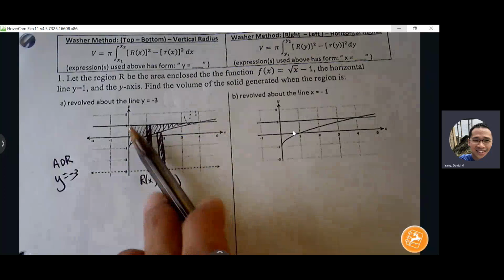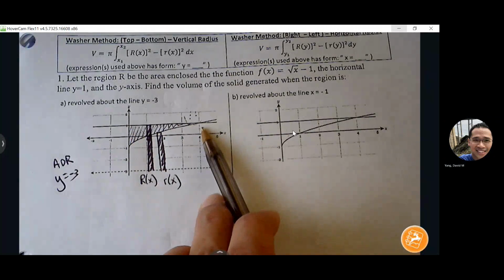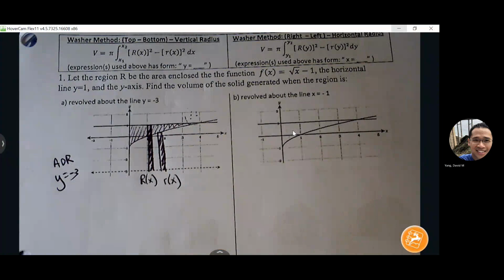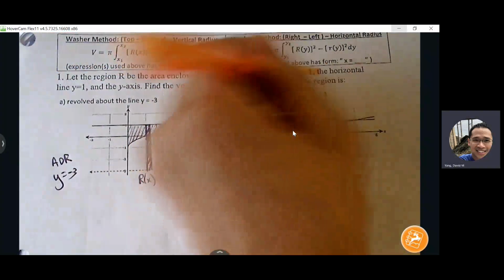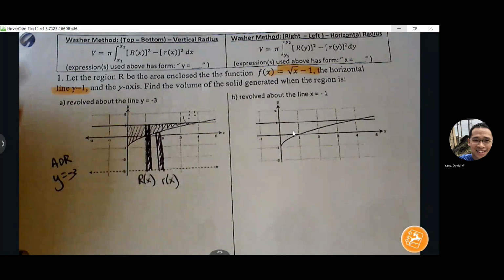How would you find, because you know the left bound is 0, but how would you find that right bound? The equations equal, right? You have y equals 1 and root x minus 1, set them equal to each other, solve for x.